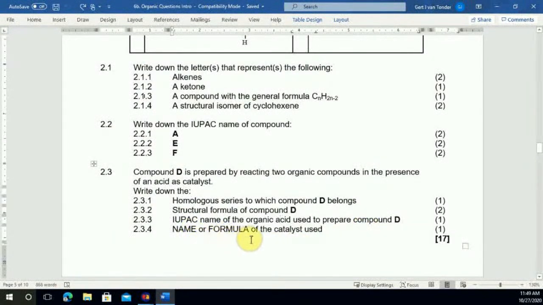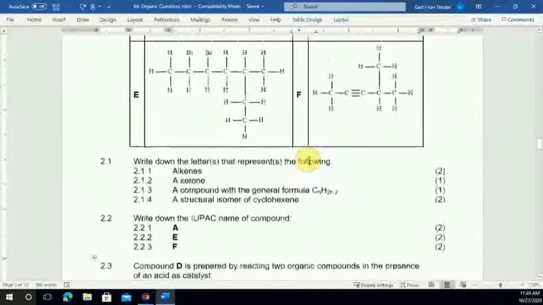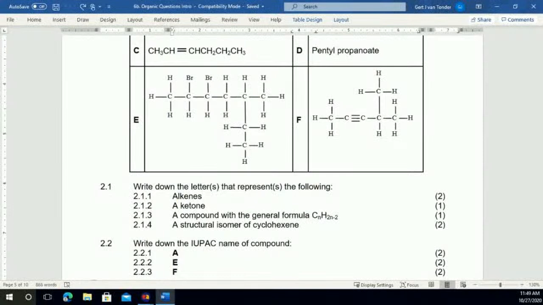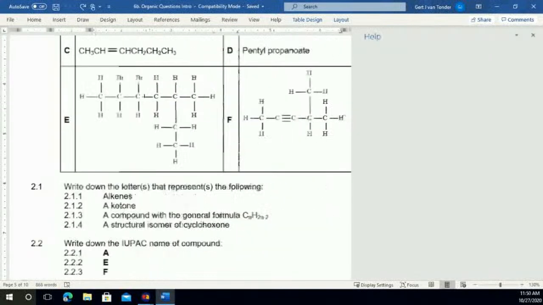The name or formula of the catalyst used. We've spoken about the catalyst. It is sulfuric acid. That is the name, and the formula is H2SO4. So let me show you the board, and let me draw.